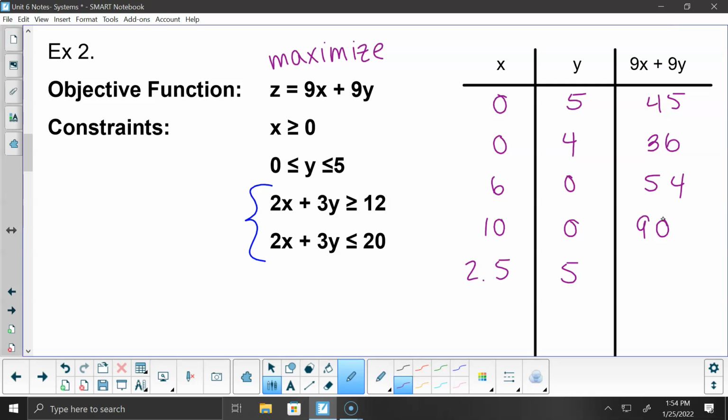Yep, 67.5. So which one actually maximizes this function? 10, 0.